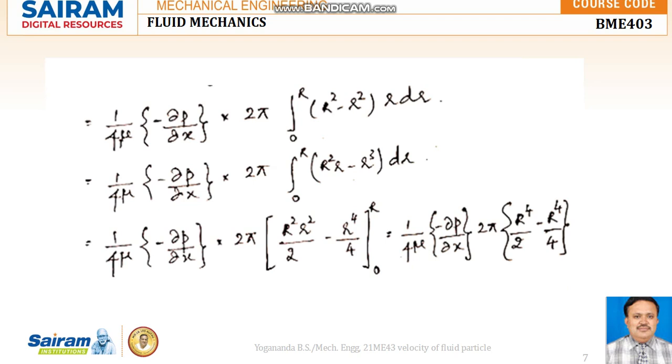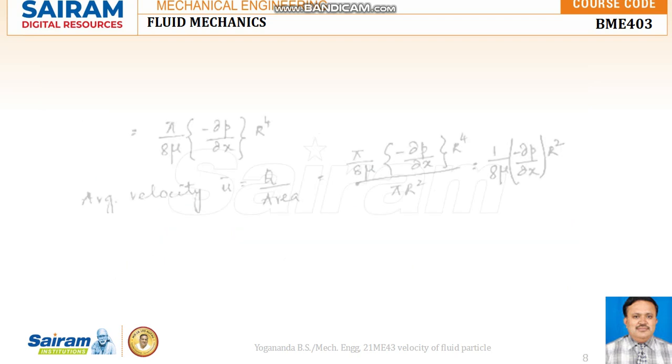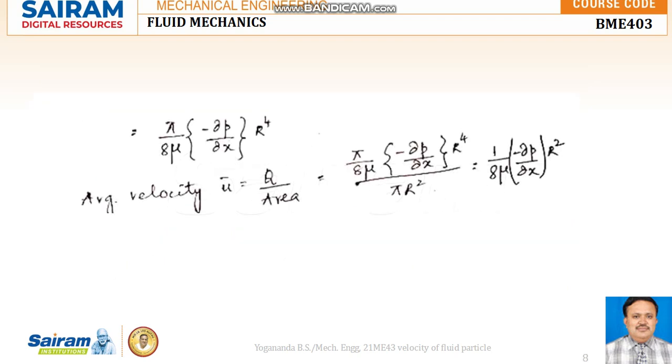Integrating the constant R square times r gives r square by 2, and integrating r cube gives r to the power of 4 by 4, with limits 0 to capital R. Simplifying the equation, we have Q equal to pi by 8 mu of minus del p by del x into R to the power of 4.